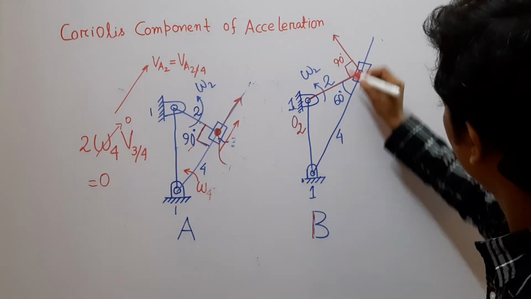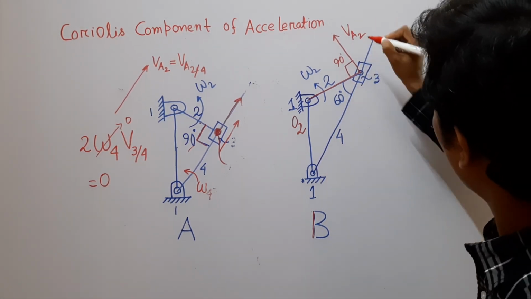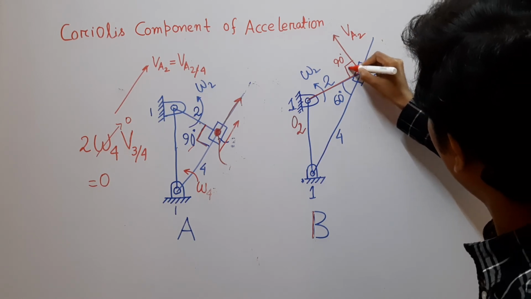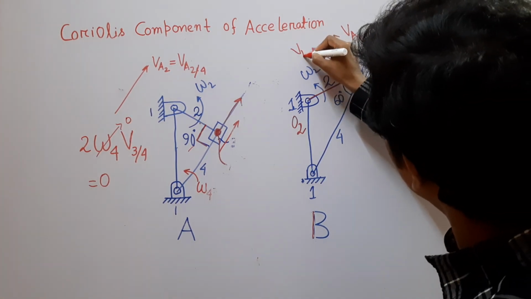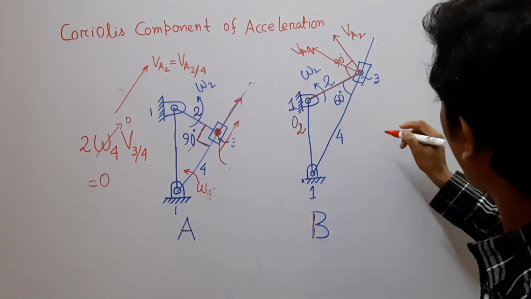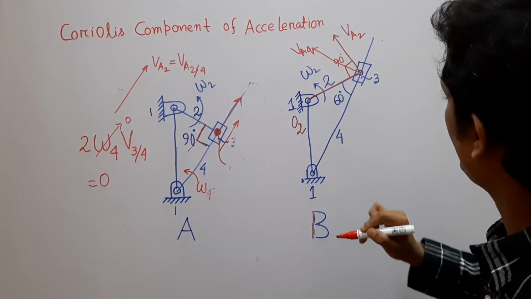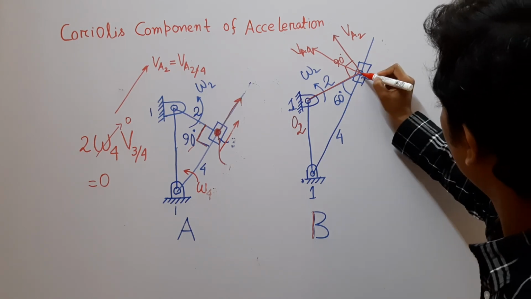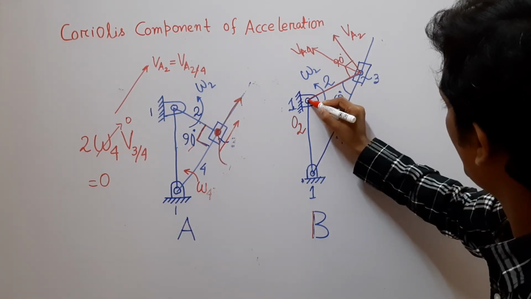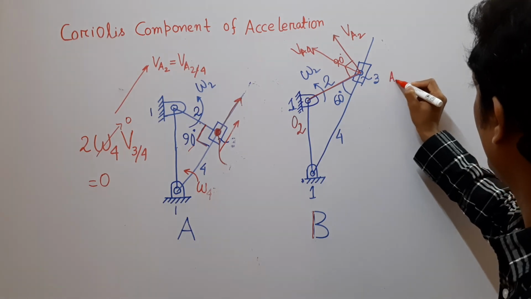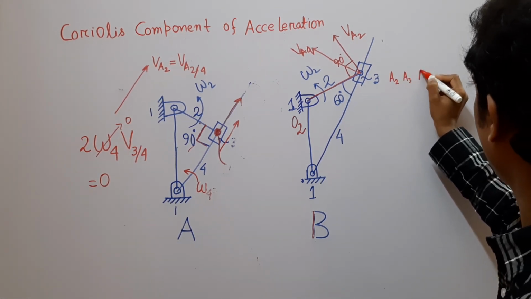Now what is VA2? What is VA4? This is VA4, the direction of VA4, and VA2 is perpendicular to O2A2, A2, A3, A4.